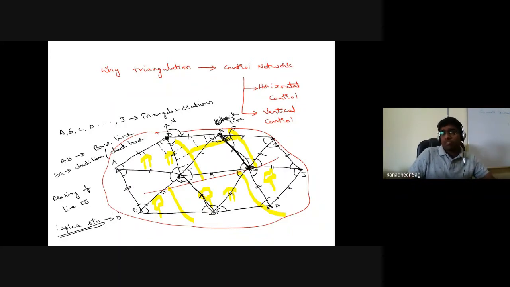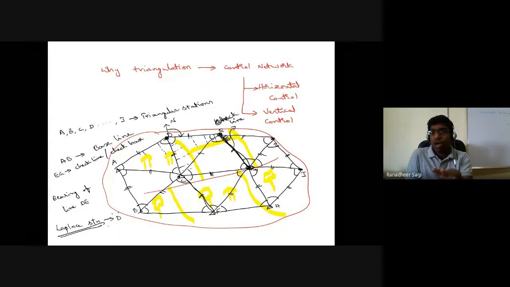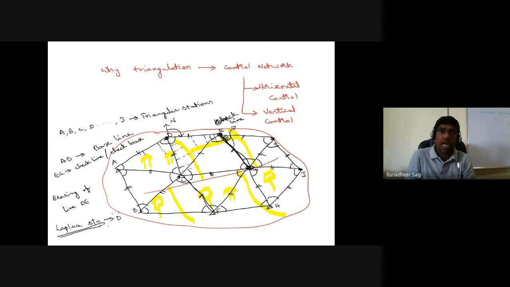Now the purpose of this triangulation is not only for preparing the control network, but also for setting out your work. One objective of triangulation is to prepare a proper control network, and by making use of it you can prepare the maps of the complete area in which you are carrying out your survey.